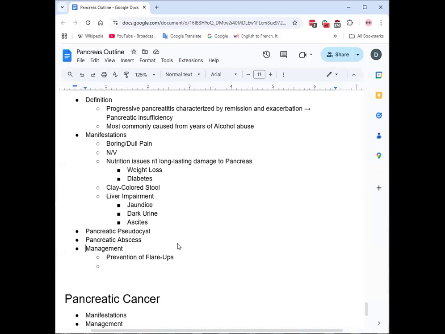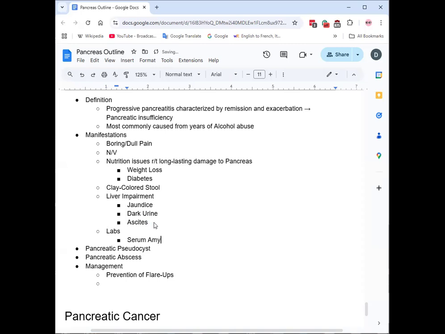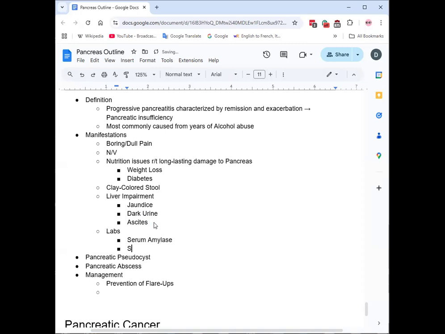So then, what about some of the labs here? What do you guys think about the serum amylase and lipase? Yes.